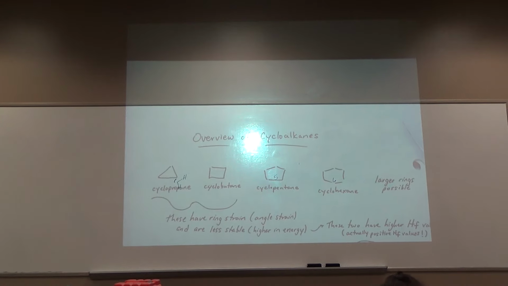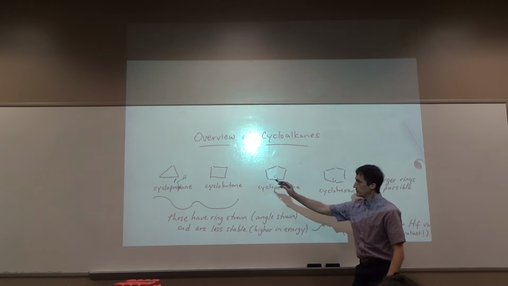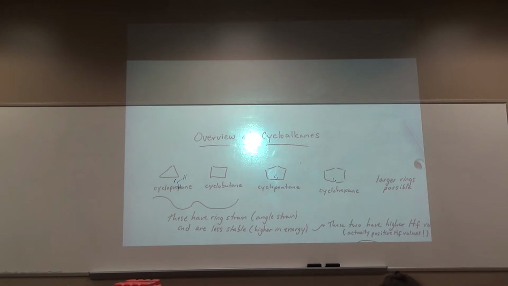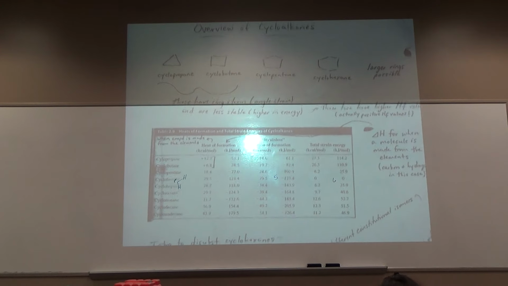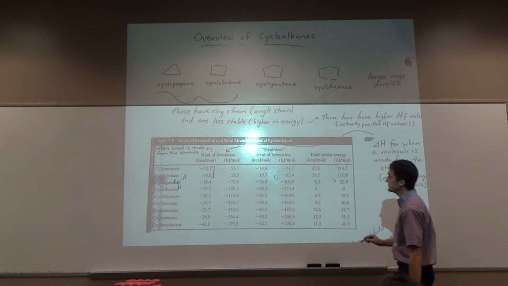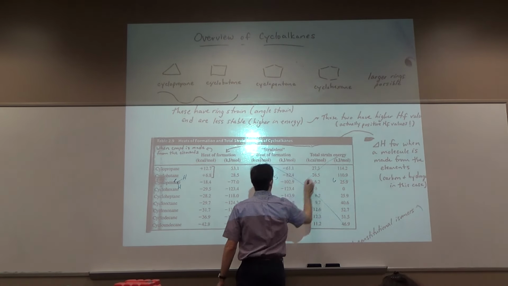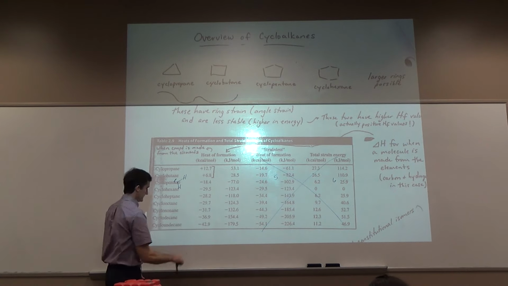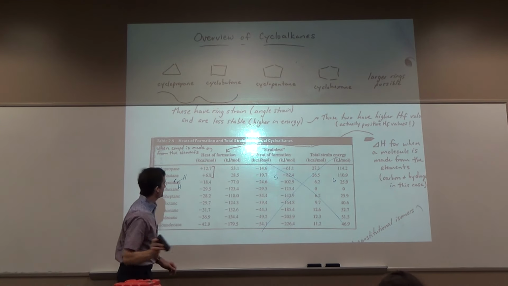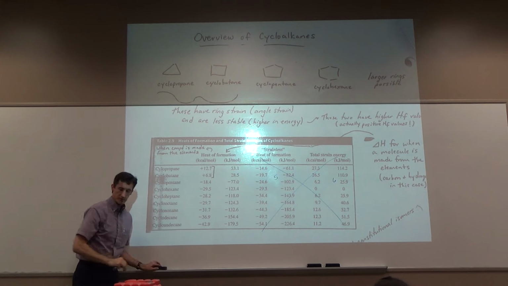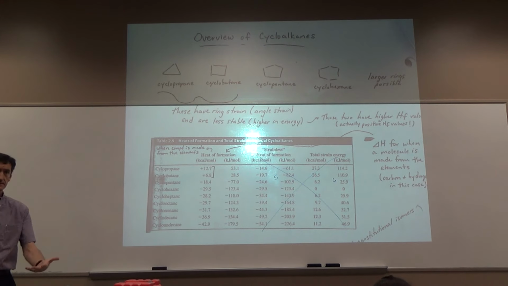How can we tell the angle strain here? One way to tell is to look at the heats of formation. This is a table with heats of formation. Ignore this over here. Look right here. Heat of formation is the amount of energy that is taken up or released when the molecule is made from the elements. It's a theoretical calculation starting with the elements.